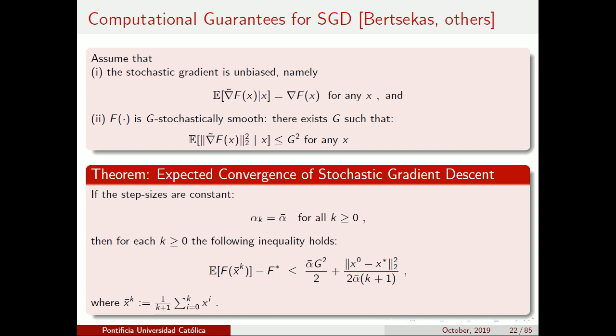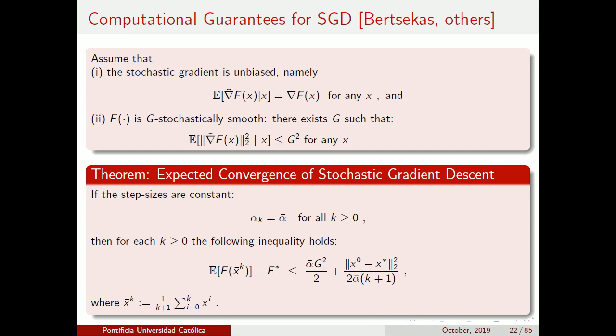And so if I set all my step sizes to be the same, some alpha bar, then you can show that the expected value of the optimality gap is bounded by this mess over here. The point I'm taking here is the average of all the previous points in the algorithm.